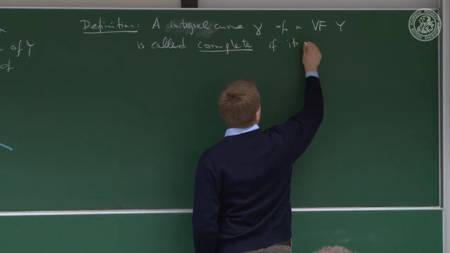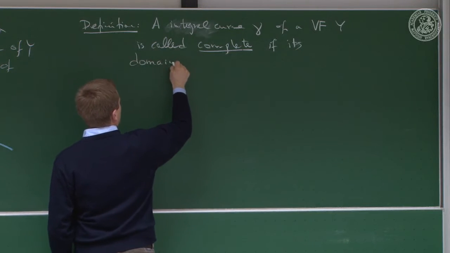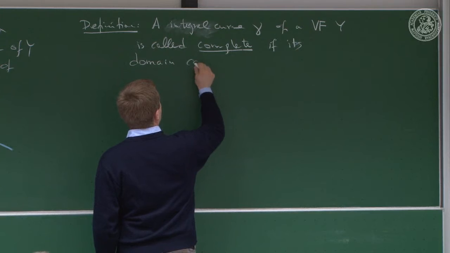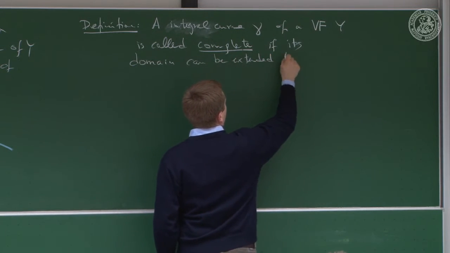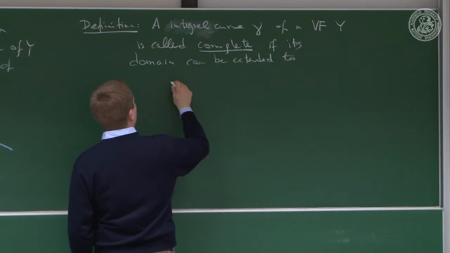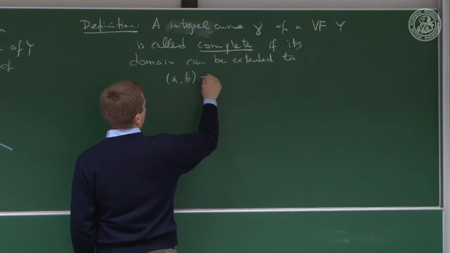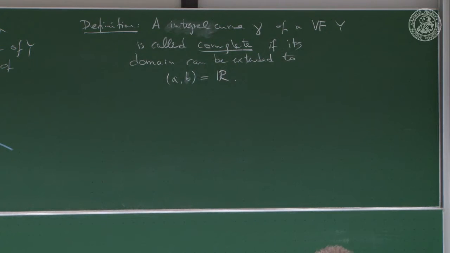if its domain, so that's what I called the parameter range before, if its domain can be extended to all of R, so AB, well, to all of R. It's complete.